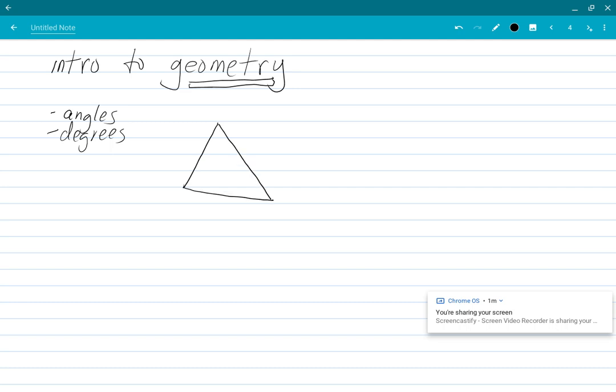Any triangle. If you measure the angles, let's call this angle A, and then angle B, and then angle D.